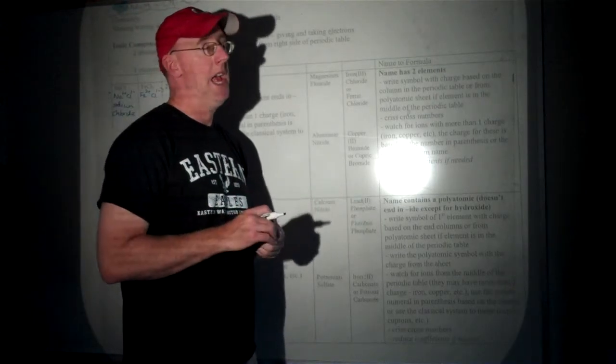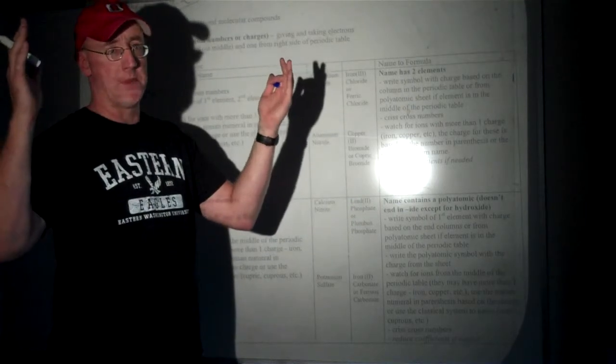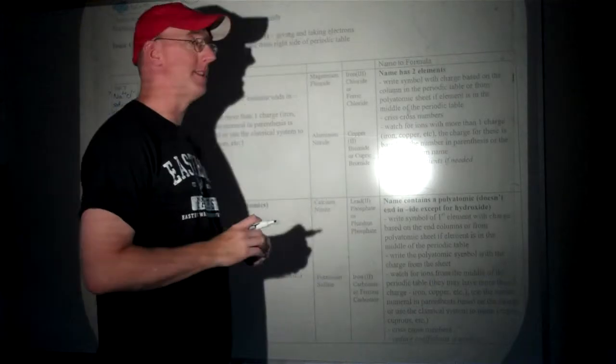So is there such a thing as Fe 2 plus? And hopefully you realize, hey, it's in the middle of the table. Siren's going off. Something's up. Red flag. So you go to your polyatomic sheet, and iron could be either iron 2 or iron 3. And Fe2 does exist. So if there's more than one type, you have to tell me what type it is in parentheses. So it's iron 2 chloride.